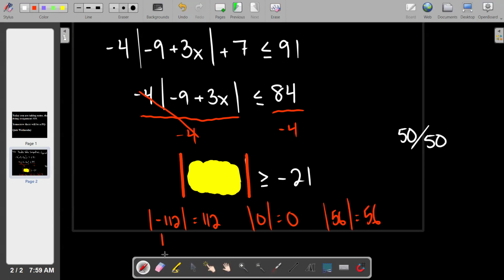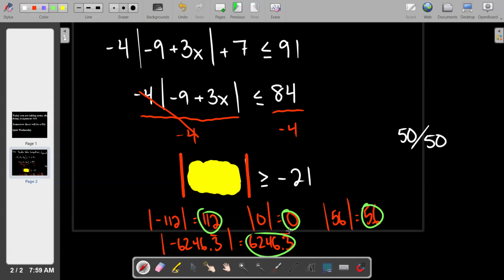What's the absolute value of negative 6,246.3 repeating? 6,246.3 repeating, right? So I'm going to ask you again, what percentage of the time will these answers be greater than or equal to negative 21? Never. Someone said it.